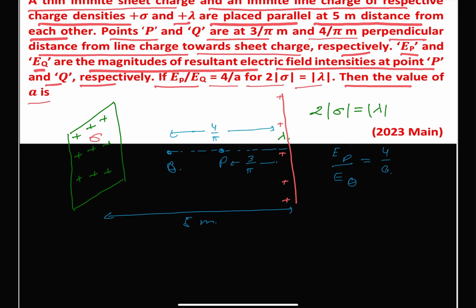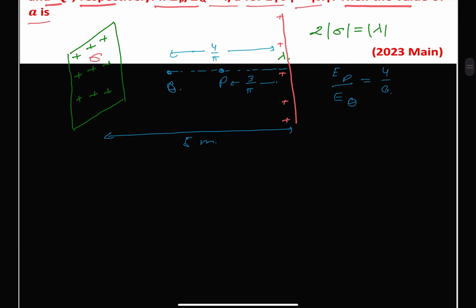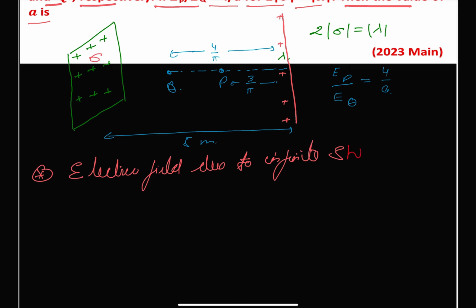So we know the basic formula for our infinite sheet. Electric field due to infinite sheet, let us suppose we write that as E sheet, which will be equal to charge density divided by 2 epsilon naught.